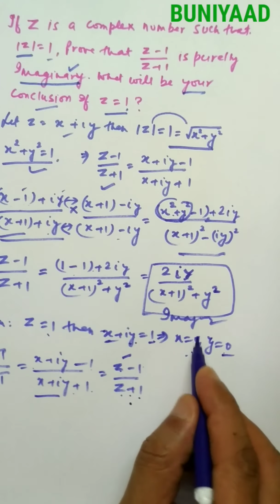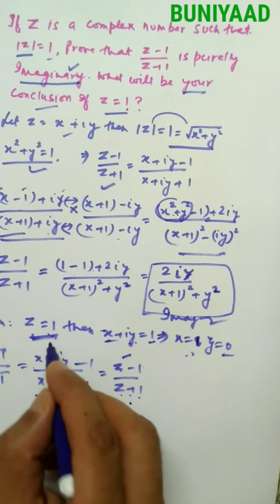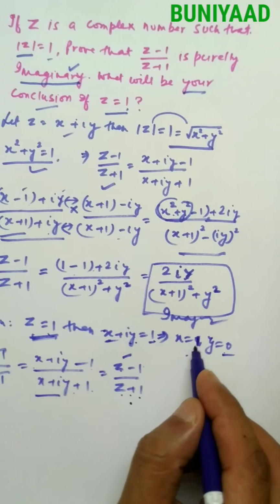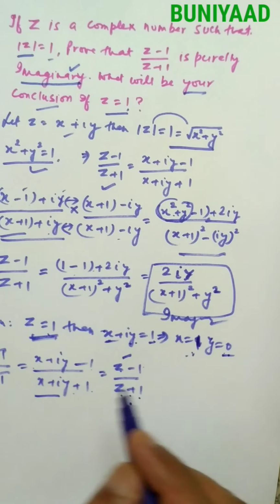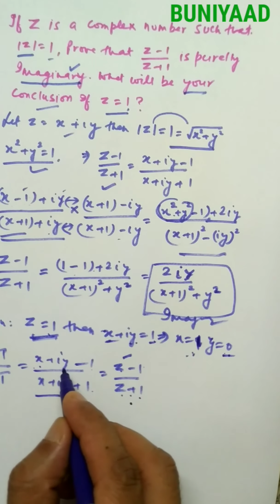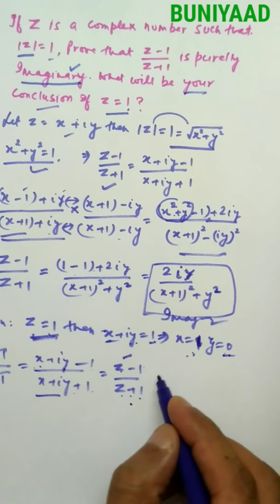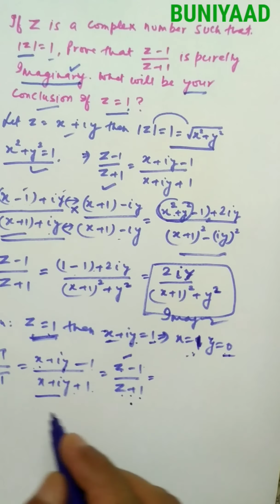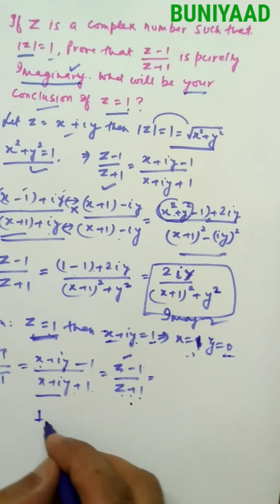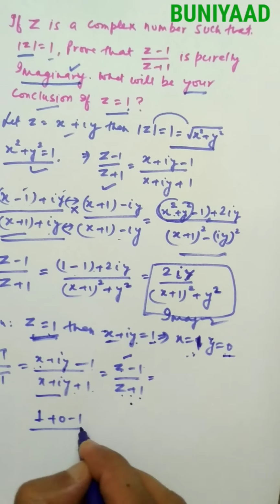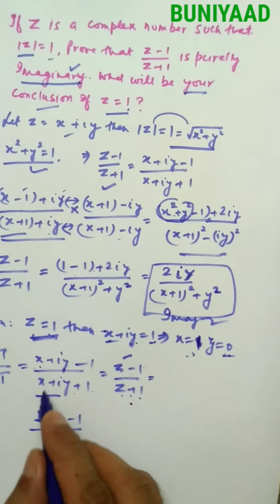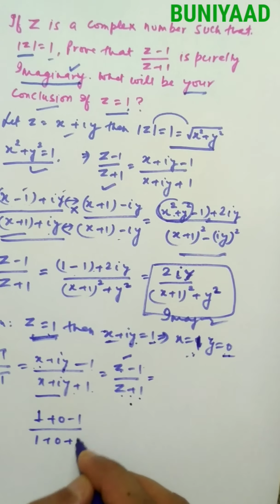Now, if z is 1, in that case x will be 1 and y will be 0. Just put it here: x = 1, y = 0, so (1 + 0 − 1)/(1 + 0 + 1).